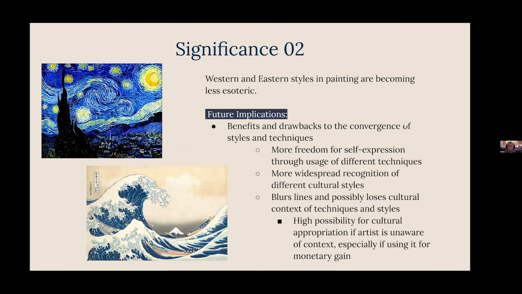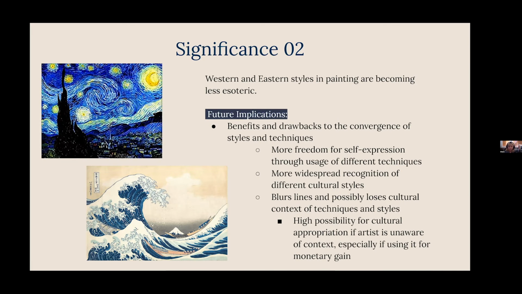And my second point of significance is that Western and Eastern art styles have become less esoteric, meaning that they have converged, and styles and techniques tend to overlap each other.